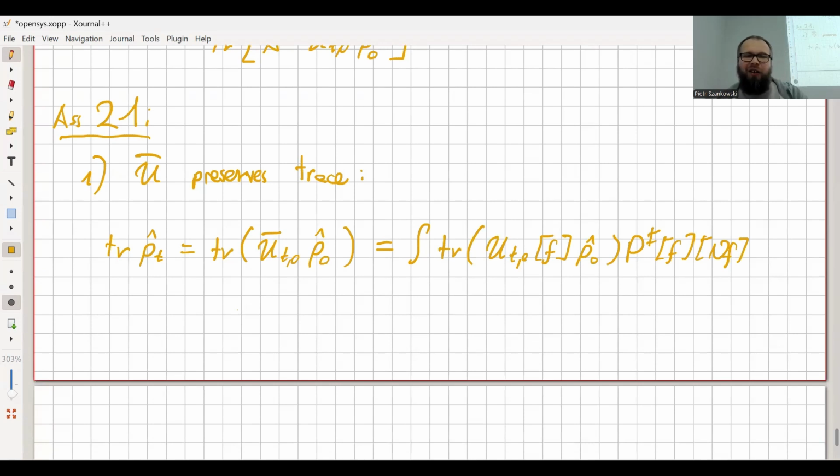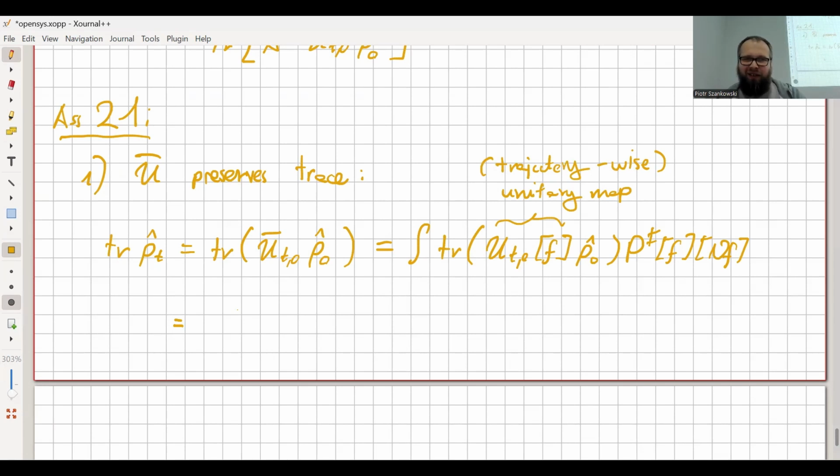But we already checked on previous lectures that this is a unitary map, even if I add it trajectory-wise. And we know that unitary maps preserve trace. We already checked that.